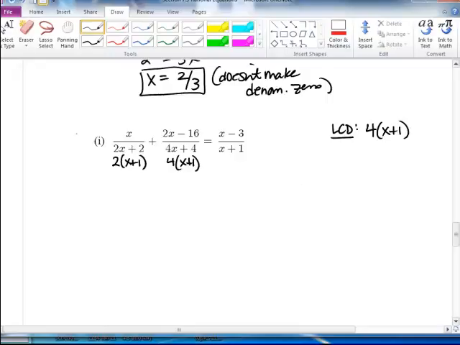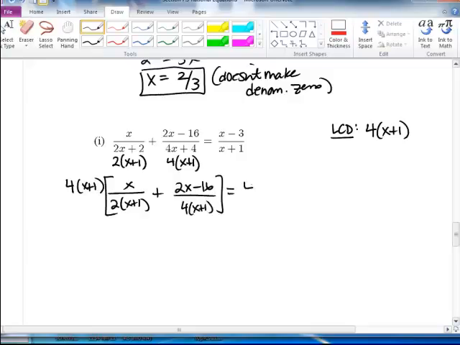So we've got 4 times x plus 1 times the left side, and also 4 times x plus 1 times the right side. So on the right, we'll just have 4 times the group x minus 3 left.